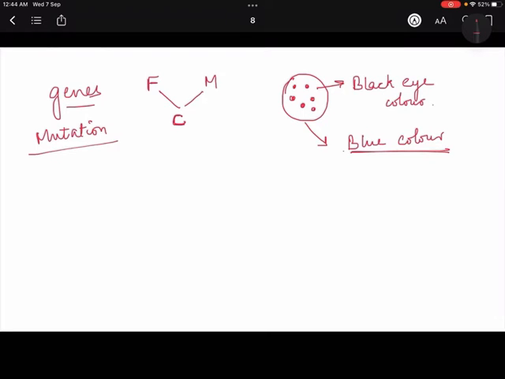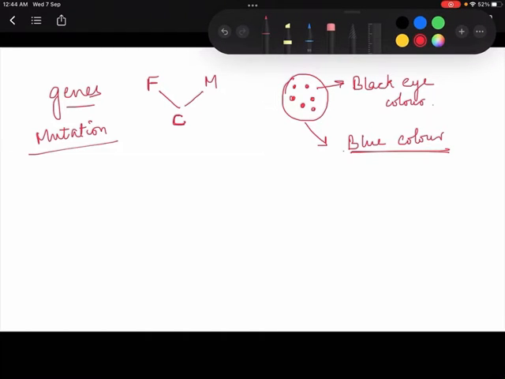So people who had black eye color, there was a mutation, and now the people are having blue eye color. It was not that people who only had black eye color could never have blue eye color, right? But now a switch has happened, and now they have blue eye color. This is just an example to make you understand what mutation is.